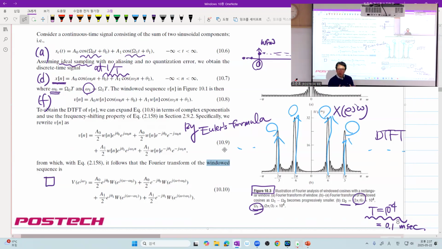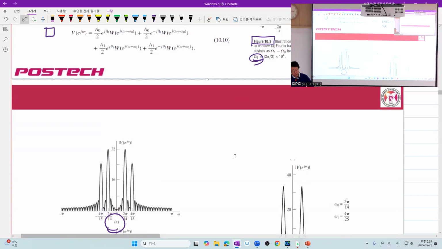You may want smaller, right? However, as I told you, you have not only the main lobe, but the side lobes. And due to the high side lobes, larger side lobes with smaller main lobe width, we have a dilemma.